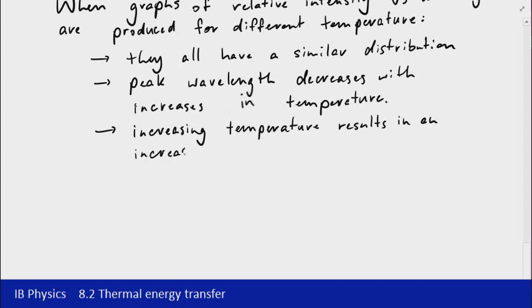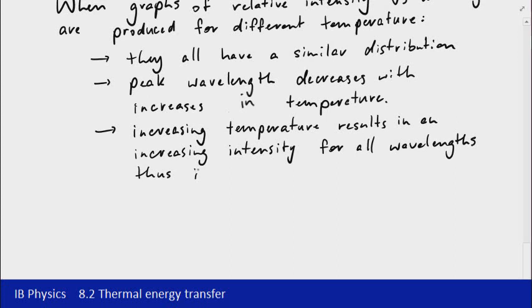Those are the critical things to be aware of for the black body radiation curves. With increasing intensity, it also means increasing total power as well. When we're looking at the total power, we're really just looking at the area under the curve of the intensity versus wavelength graph.